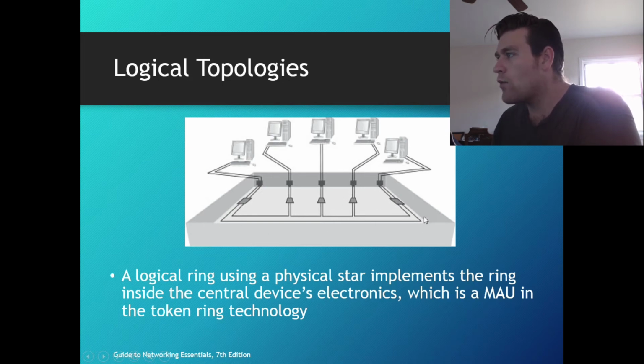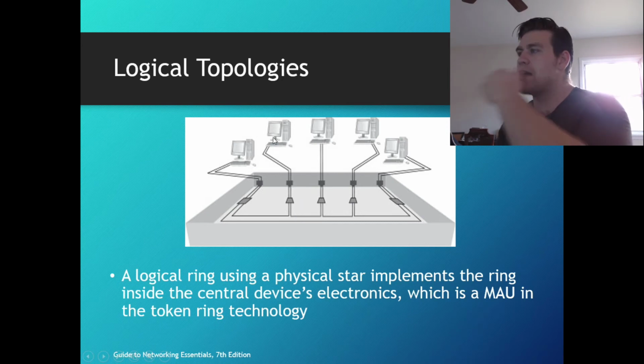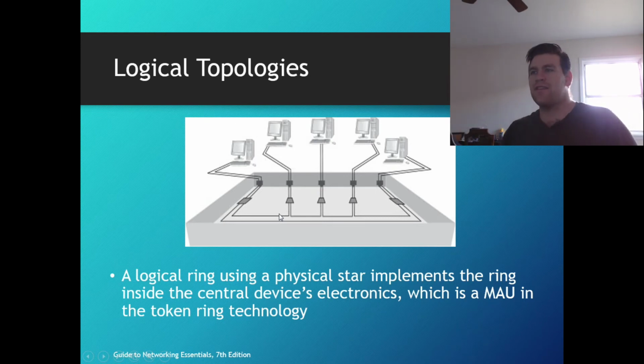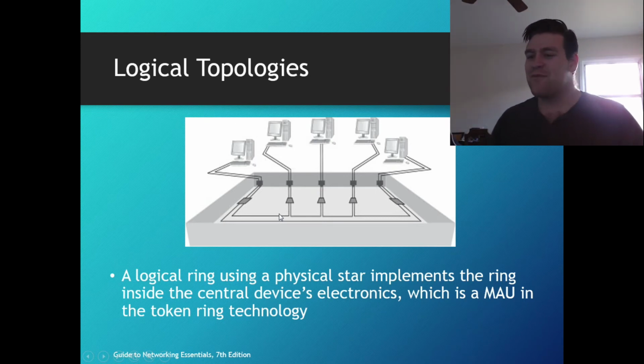He sends it all the way through the system, and each device along the path is going to see it and reject it and say not for me. Finally, this device is going to get it and say, great, that's for me. So token ring, you can see why that would be a little bit less than convenient. It's got to go through each device in order to get to its destination, because data can only travel in one direction in token ring, or in just a logical ring in general.